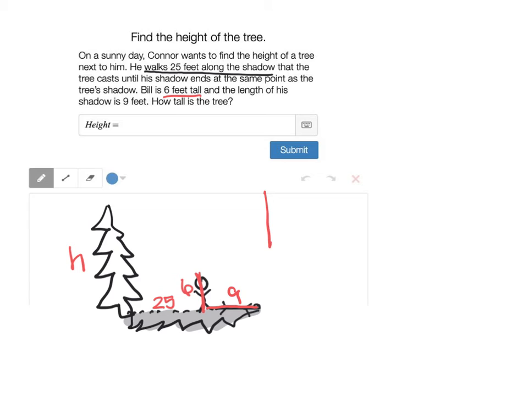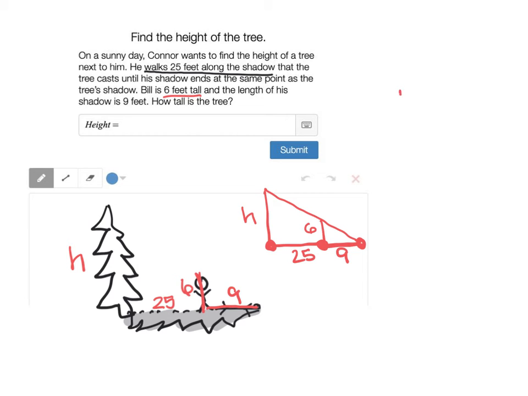To simplify this picture so you can see what's going on, we have the tree's height, we have Connor's height, we have tree to Connor, which is 25, and Connor to the end point of the shadow, which is 9.